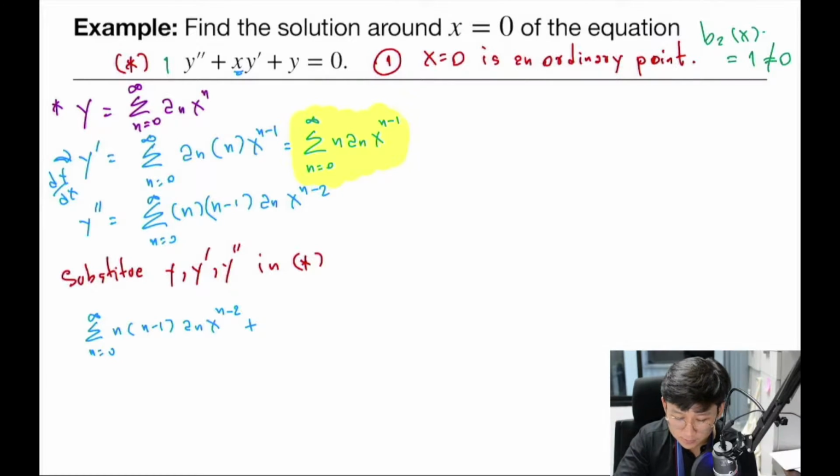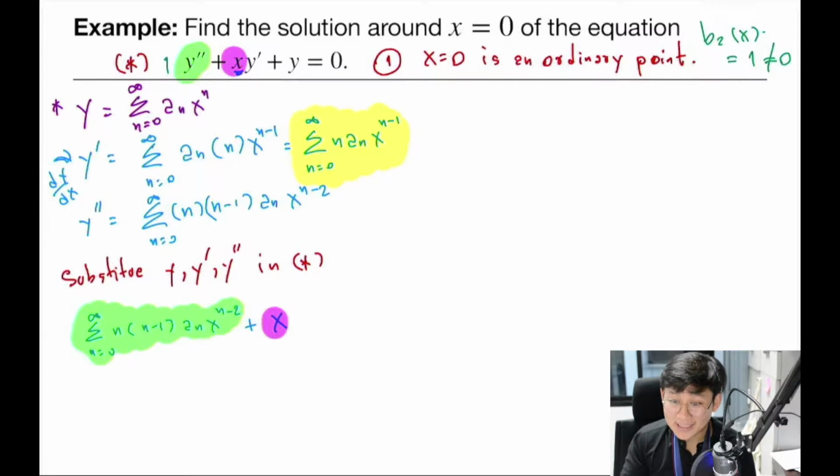Let me highlight it here. Then we have x, let me highlight it in pink, and then y prime.